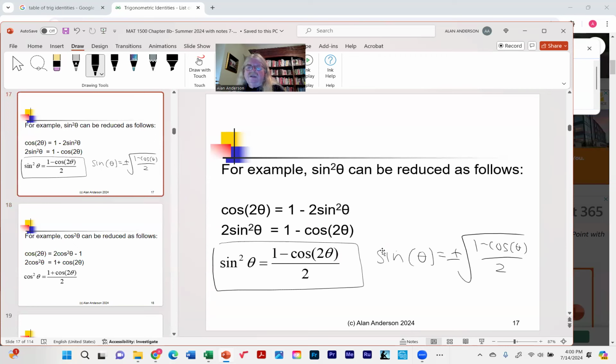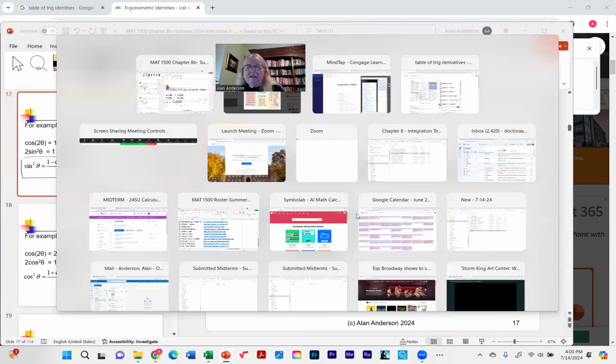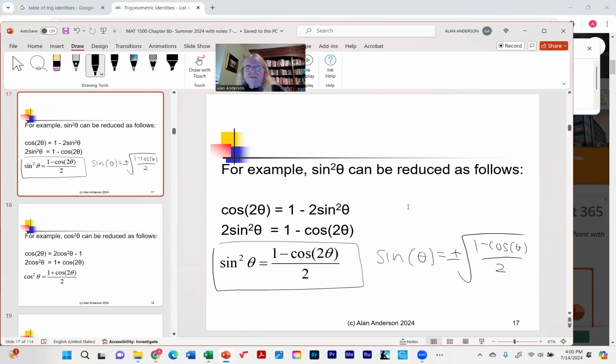Oh, I see what they've done. I didn't even notice that. They have replaced theta with theta over 2. I kind of went right past that. It's kind of confusing. What they are saying here is that if you have sine squared of theta equals 1 minus cosine 2 theta over 2, that implies this.